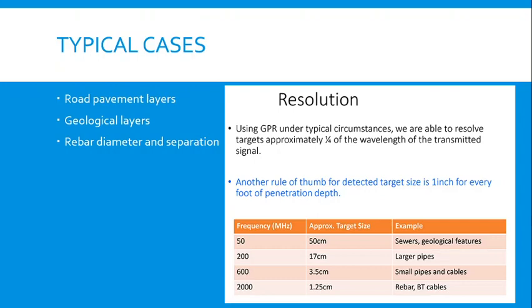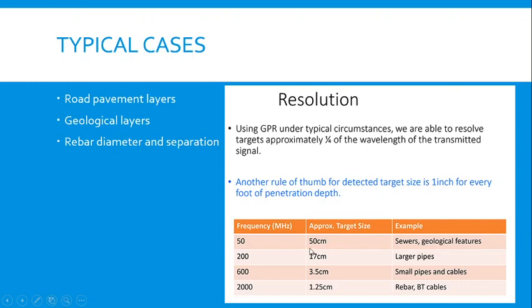As you can see in this table, we have the frequency in megahertz: 50, 200, 600, and 2000, so 2000 comes to 2 gigahertz. So frequency is increasing. The approximate target size shows how large the target should be while using these frequencies.